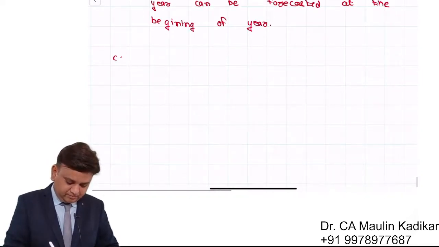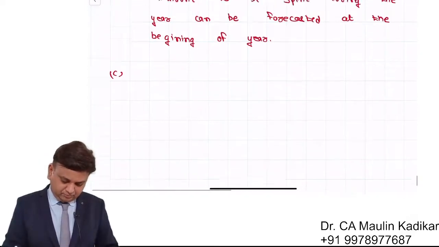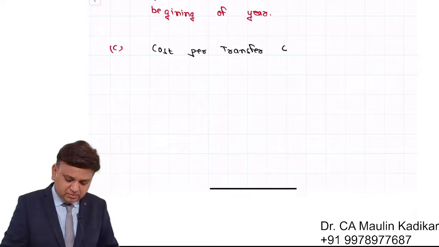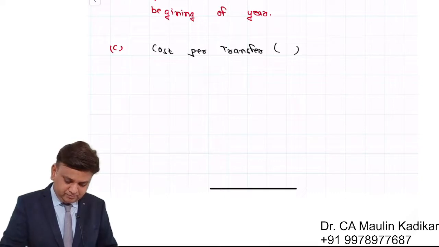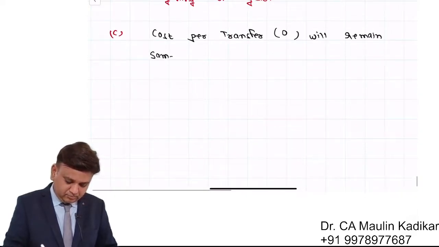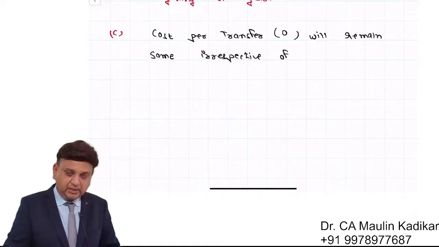C: cost per transfer, in bracket write down O, will remain the same irrespective of transfer size.